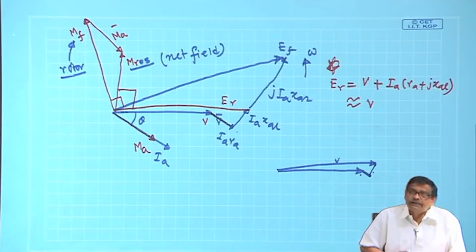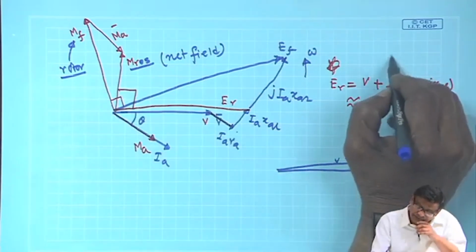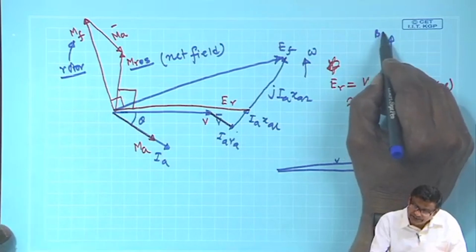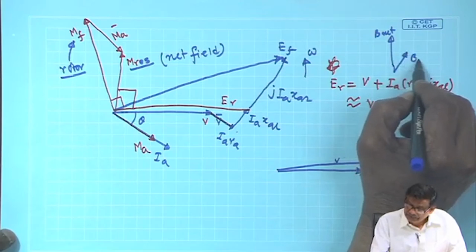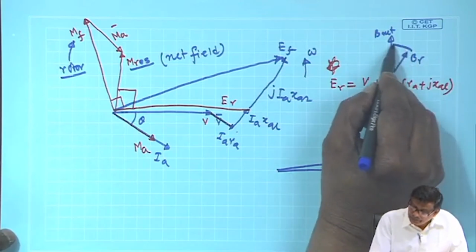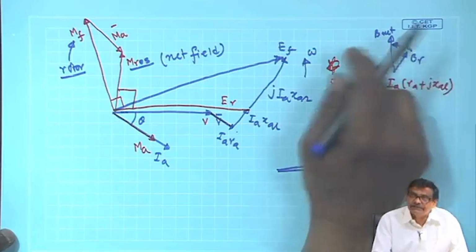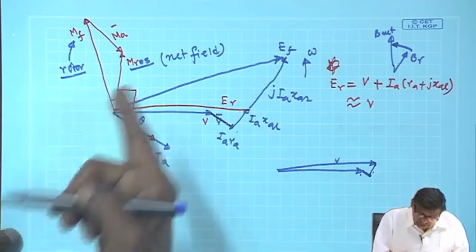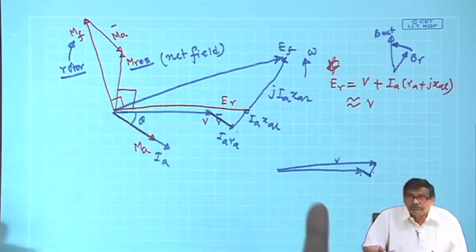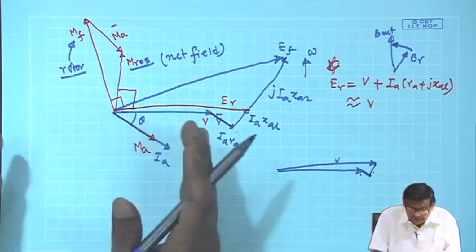What will be the electromagnetic torque? In case of synchronous machine I told this is B net, like that I draw, this is BR. Torque will be from BR to B net, and direction of rotation is decided by that. But in case of generator, the torque has to be produced in the opposite direction, and it is very consistent.